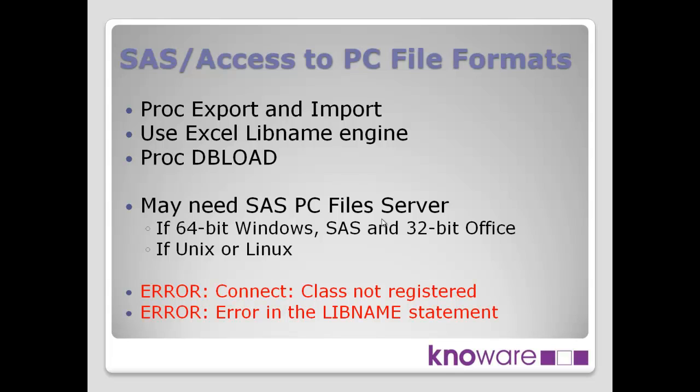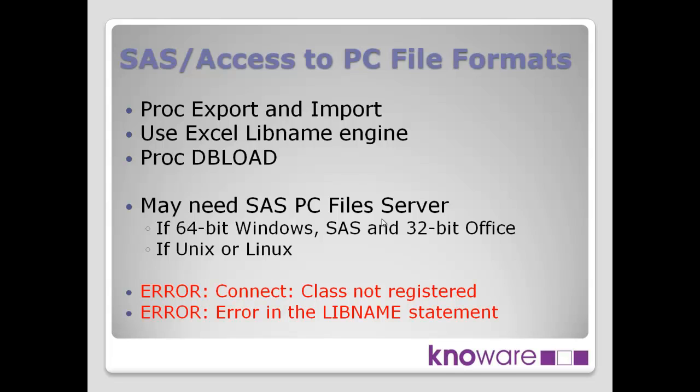Similarly, if you have Unix or Linux, you need an extra component, and that is called the SAS PC Files Server. This comes as part of SAS Access to PC File Formats, but it is an additional configuration that you require. If you do require it in your environment, hopefully it's already set up for you, but if you're in a new environment that is getting set up, you may find this is required.